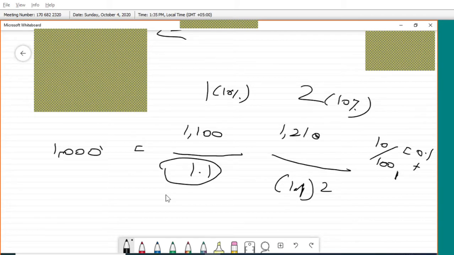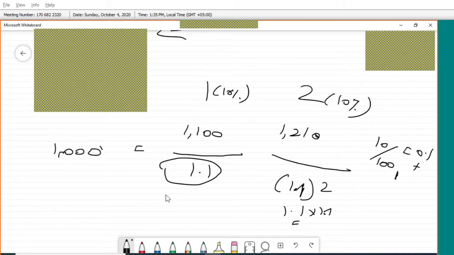So 1.1 whole square. 1.1 into 1.1 how much? It is 1.21.